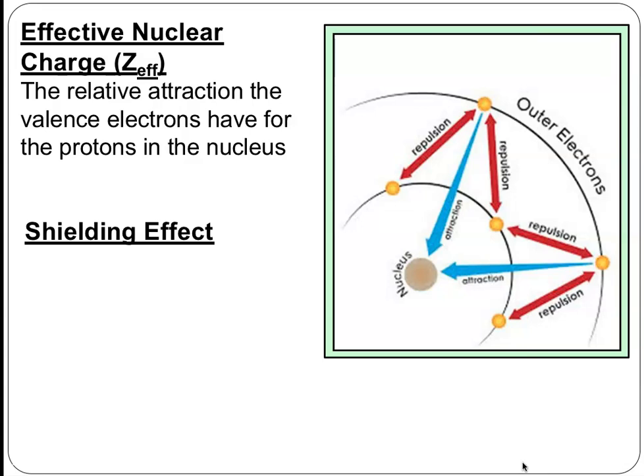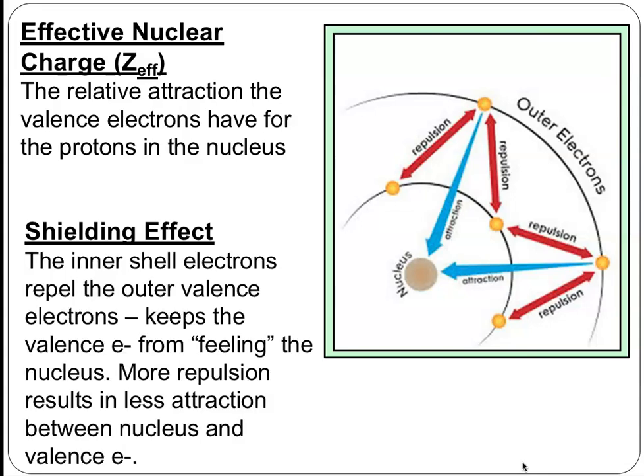I think we all know valence electrons are the outermost electrons in any given atom. All the electrons are going to feel a slightly different pull. The closer you are to the nucleus, the stronger the attraction. The further you are from the nucleus, the more diminished the attraction will be.